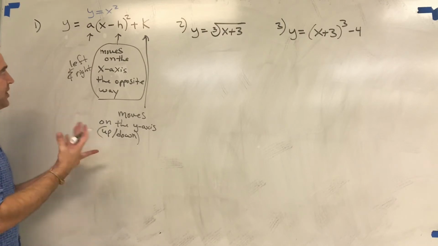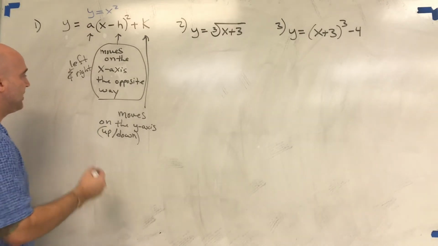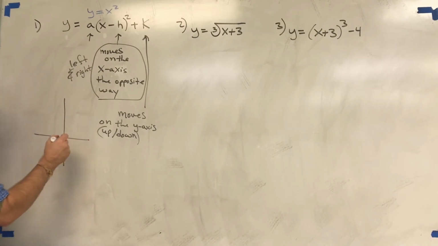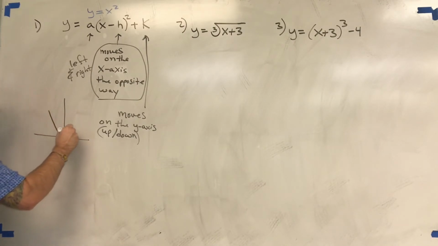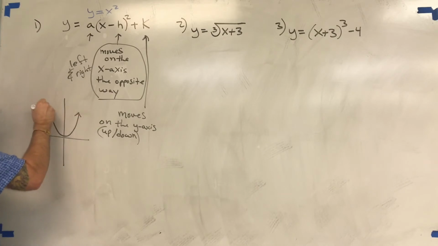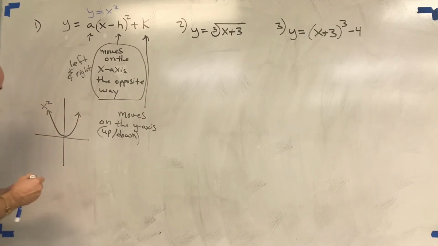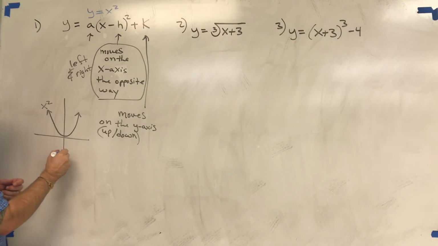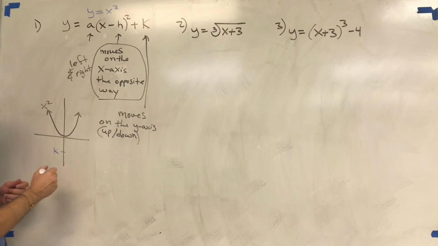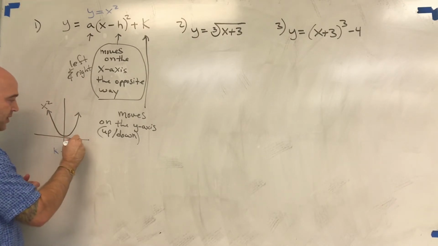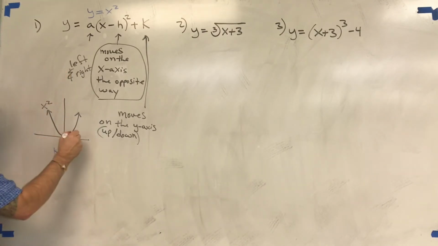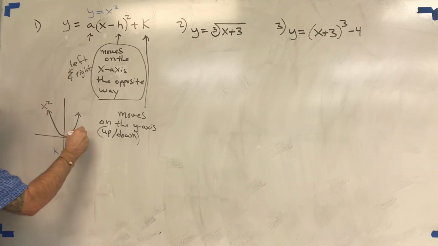Okay? Let me just go ahead and maybe do a generalized parabola here. So this would be our normal parabola of x squared. And then let's say I moved it down k units, and I moved it to the right h units.